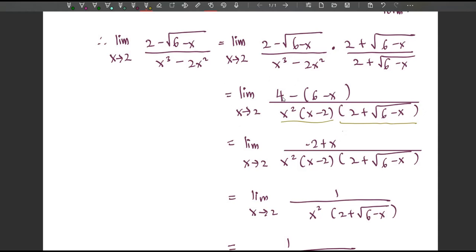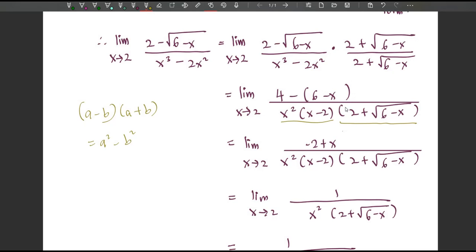We expand the numerator. We have 2 times 2 is equal to 4. And here minus, remember, a minus b times a plus b is equal to a squared minus b squared. Remember to write the next term in bracket. So 6 minus x in bracket, because root of 6 minus x times root of 6 minus x is equal to 6 minus x.